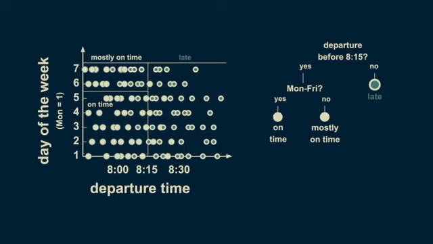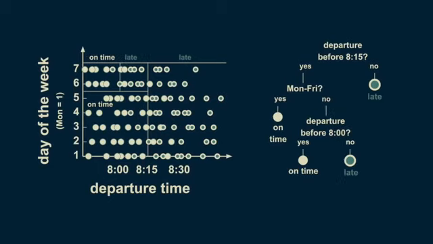We have updated the decision tree with a node that reflects this new decision boundary. Now we can further refine our estimate by subdividing our weekend pre-8:15 departure times into before and after 8 o'clock. Before 8 o'clock, almost all of the arrivals are on time, and between 8 and 8:15, the majority of them are late.